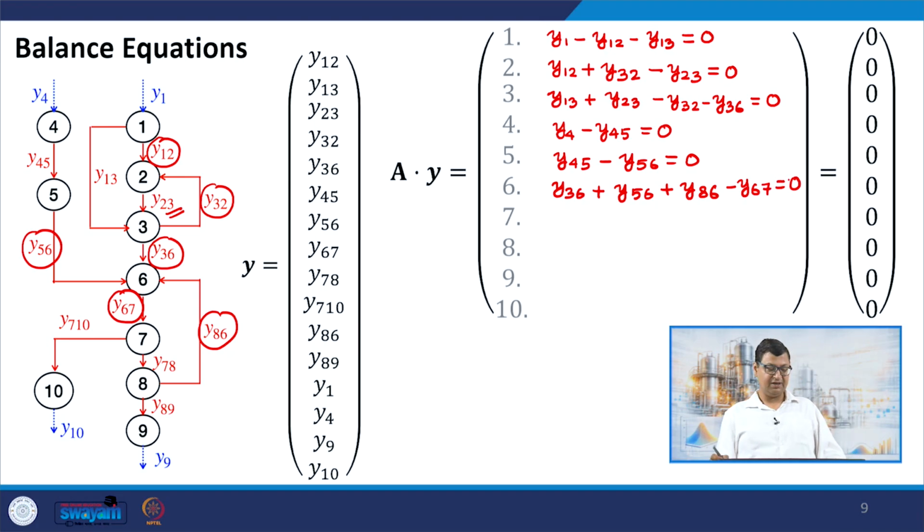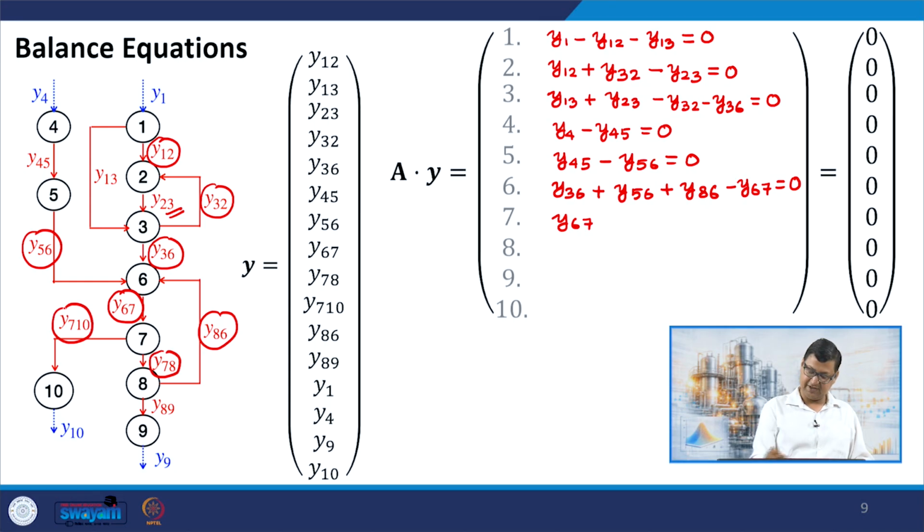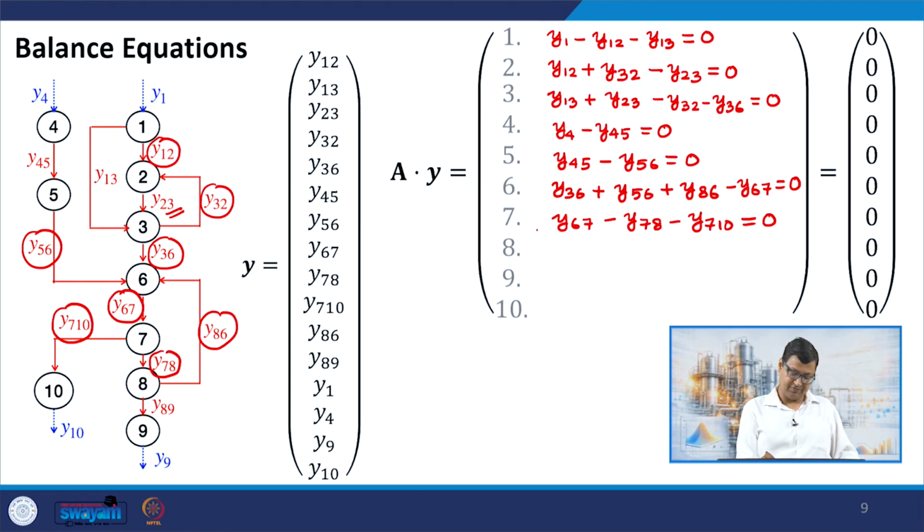And for 7, we have one incoming, y67, and two outgoing, y78 and y710. And for 8, we have one incoming, y78, and two outgoing, y86 and y89.